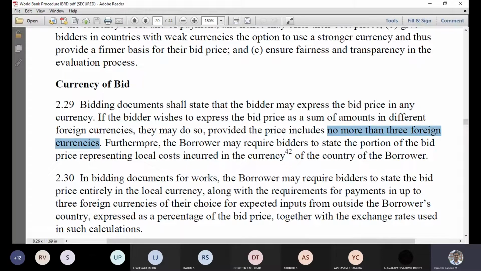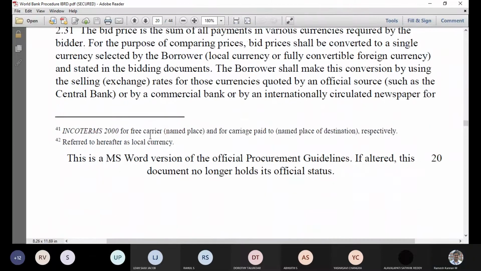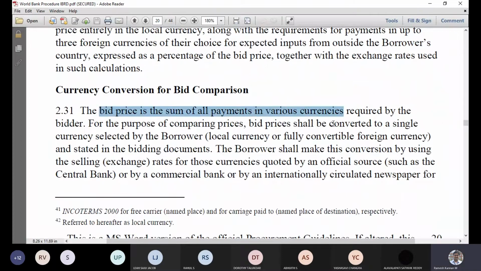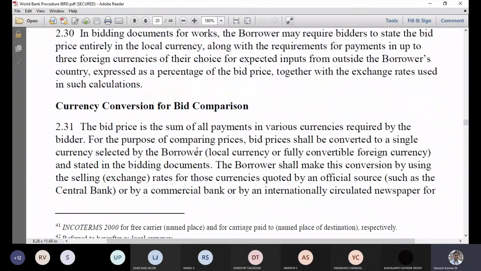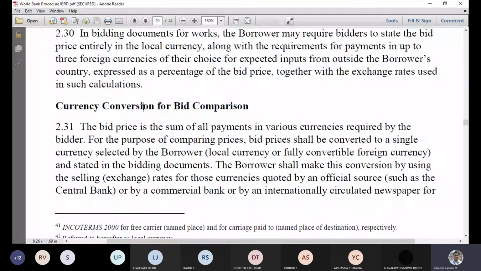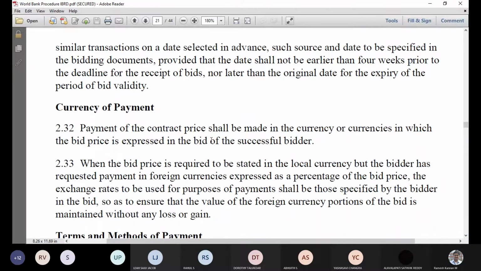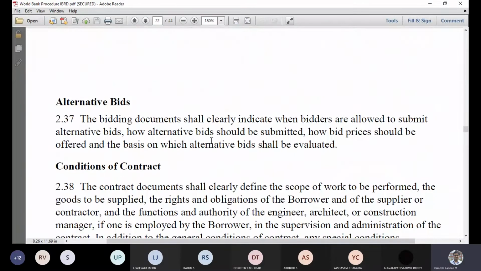As I told you, it cannot have more than three foreign currencies. They cannot have 10 currencies or something like that. And currency conversion is also a very important factor. There is one thing that we will discuss in the next class about currency conversion. Then currency of payment and mode of payment and something like that.